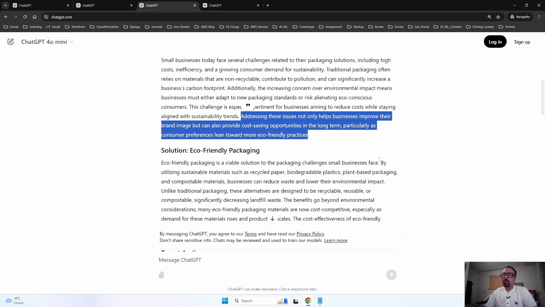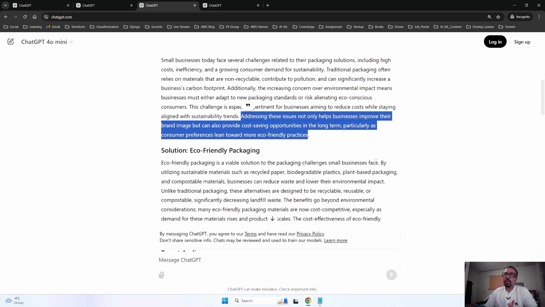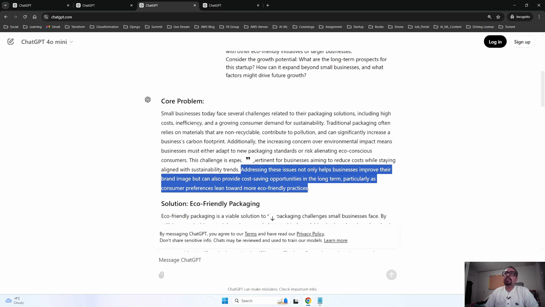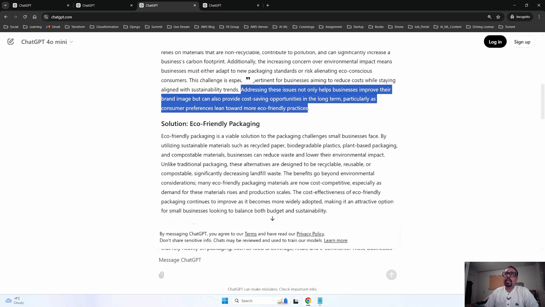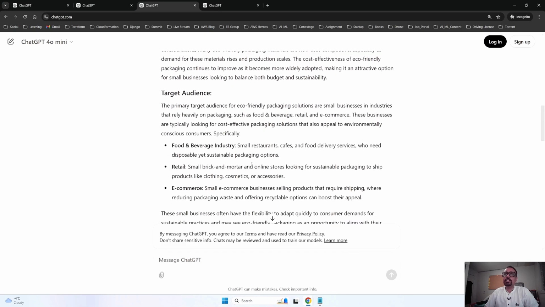Nowadays, because of global warming, people have become more aware, and they want to move towards eco-friendly practices. And this is the core problem that it has given the solution for. Eco-friendly packaging is the solution, that we are on the right spot.